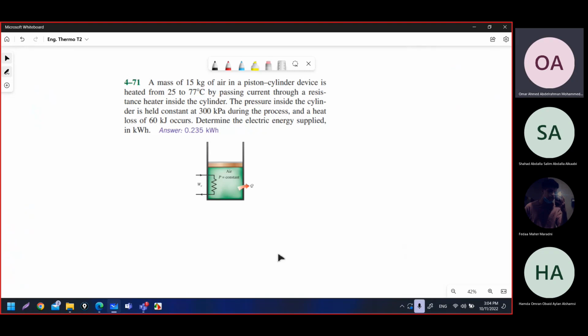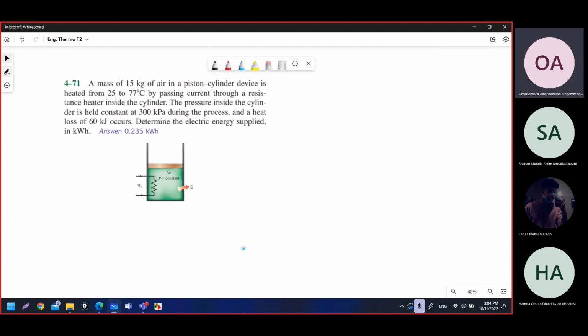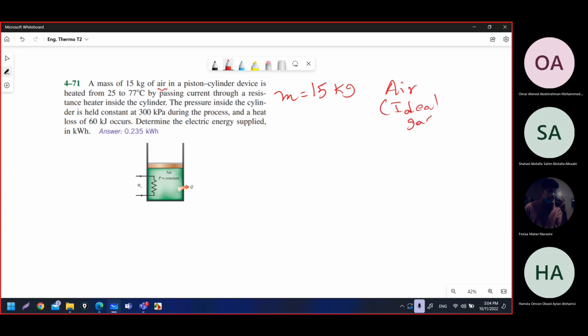Okay, in this question we have a mass, M is equal to 15 kilogram of air, and we said air is like an ideal gas in a piston cylinder device, heated from 25 to 77 degrees Celsius.